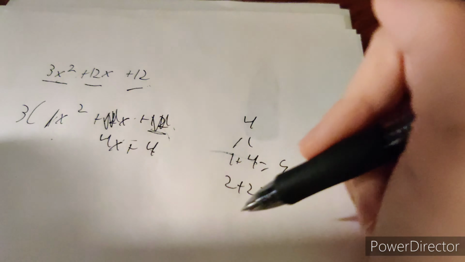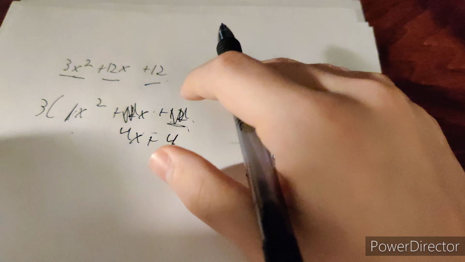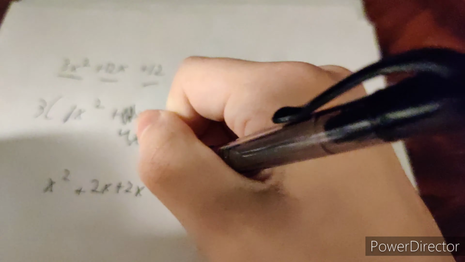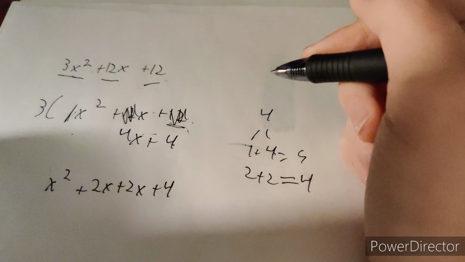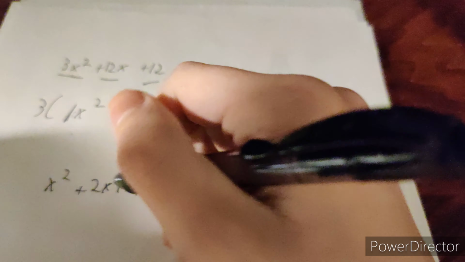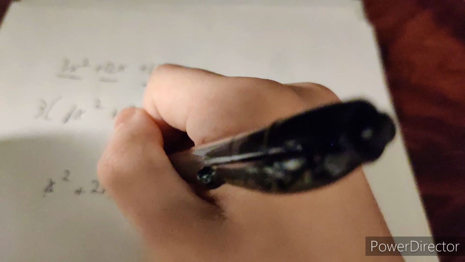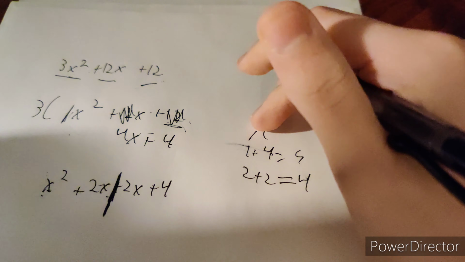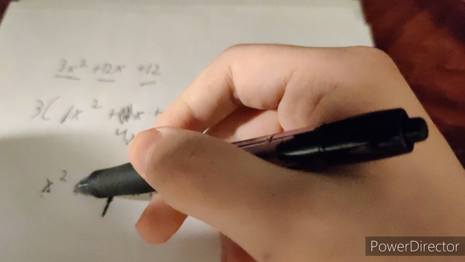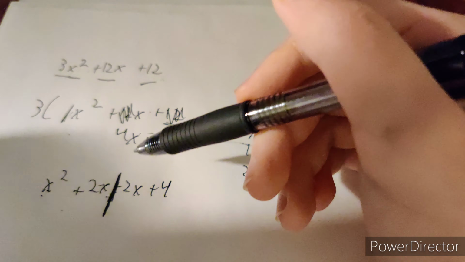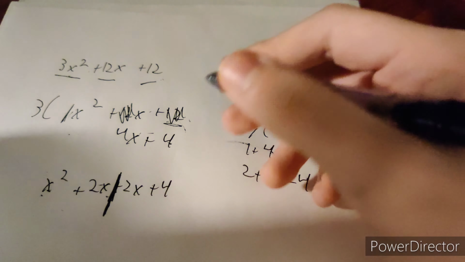Because now we know that, we can rewrite the equation as x squared plus 2x plus 2x plus 4. Then we look at it as two separate expressions: x squared plus 2x, and 2x plus 4.